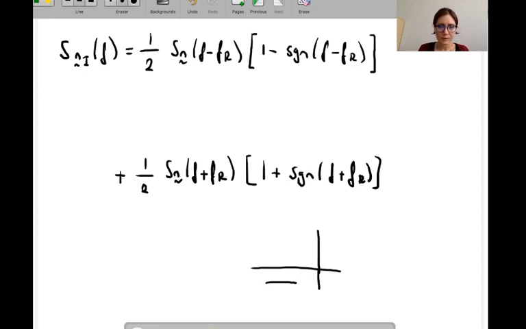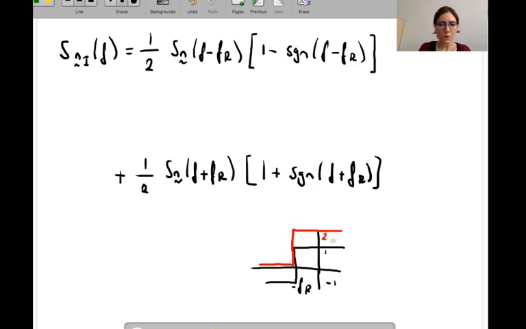So signum f would have the transition at 0, but this one is shifted to the left, so the transition is at minus fr. So this is minus 1, this is 1. So and you're adding 1 to it, then it becomes this unit step function. So it comes at 0 until here, and then it jumps to 2 when it gets the 2 offset.